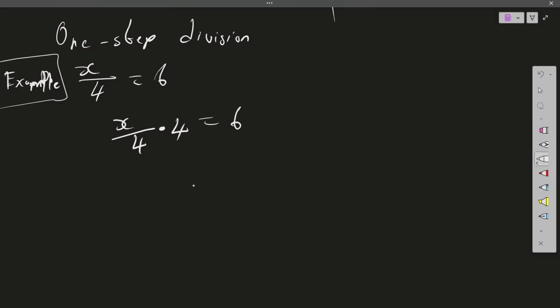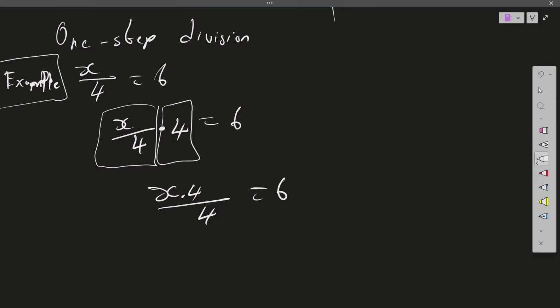And so this is very similar to what we did in one-step multiplication. And so if you have these numbers standing like this, right, it is the same as x times 4 all over 4, which is equal to 6. Do not be afraid, do not be discouraged when you see something like this, okay? So the 4's do cancel each other, right?